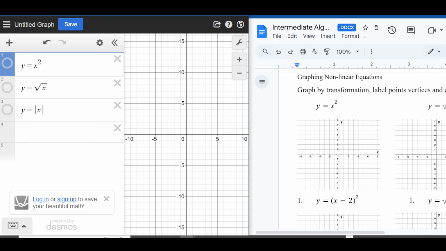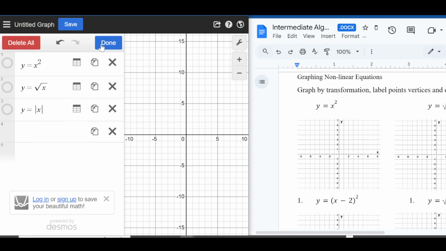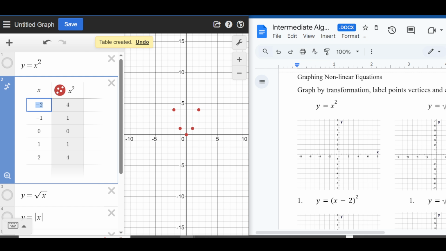So I'm going to click here on y equals x squared and go to the edit list, and it gives me a table right here for y equals x squared, and it already puts the numbers in there for me. So I got x is -2, -1, 0, 1, and 2. These are all the input numbers that you put in for x.